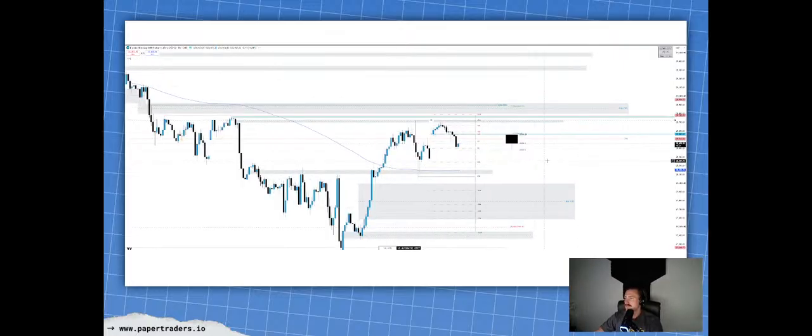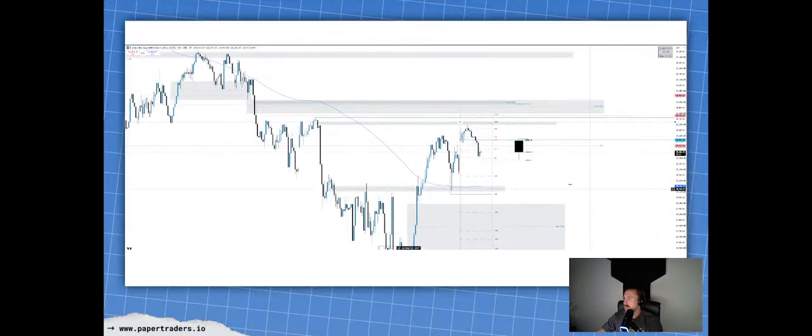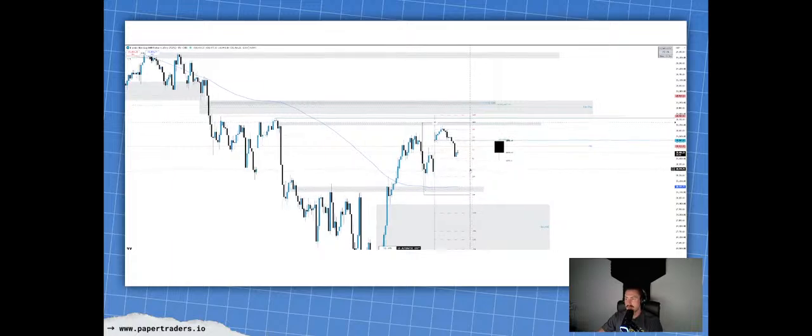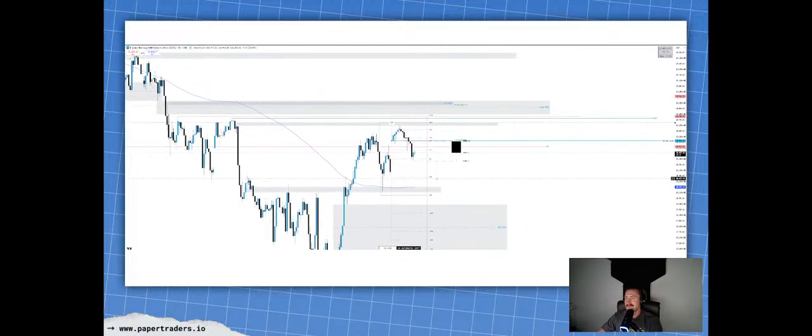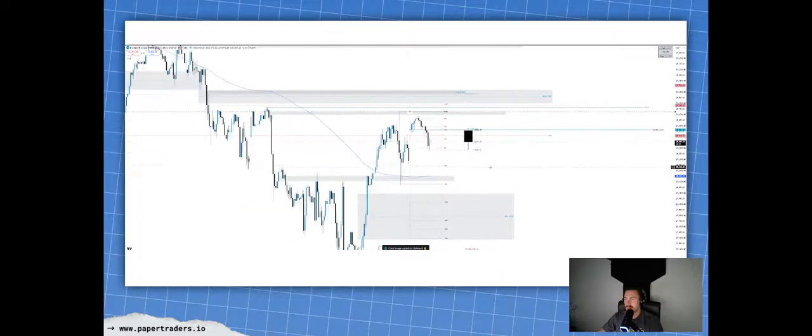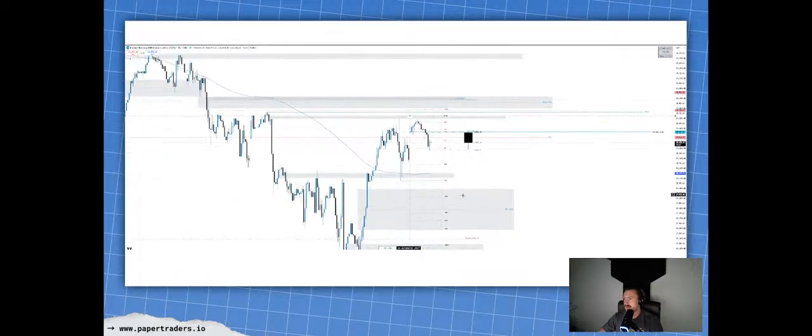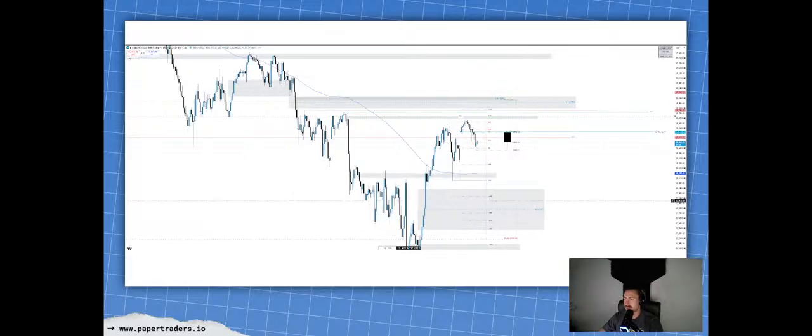Let's see on this one, on the hourly. On the hourly, a little bit of a grind down during the overnight. We did not sweep the previous daily high. We're also rejecting this giant fair value gap, and we are rejecting this tiny little fair value gap above. It does look like a little bit of an M pattern to the downside here.